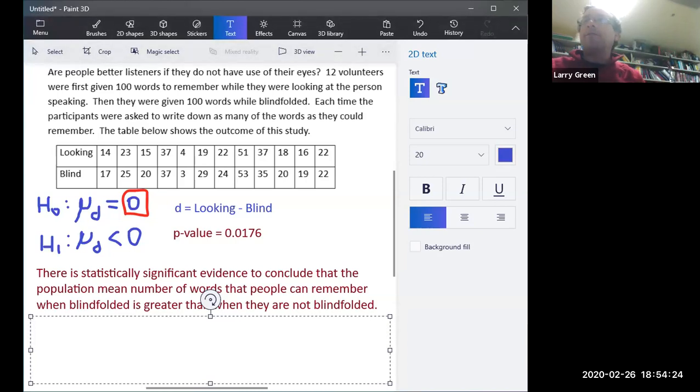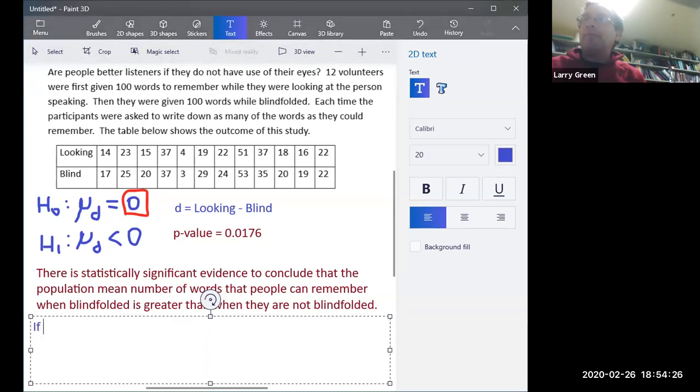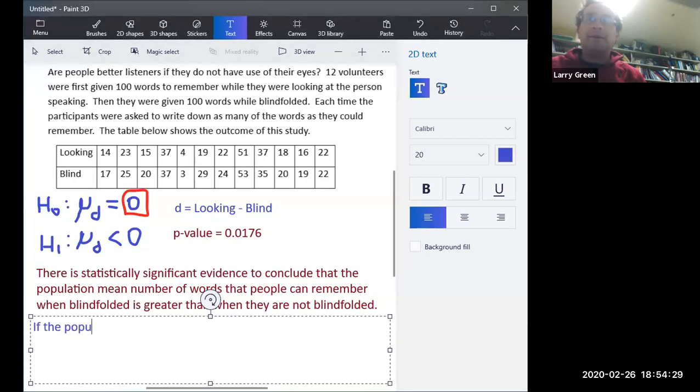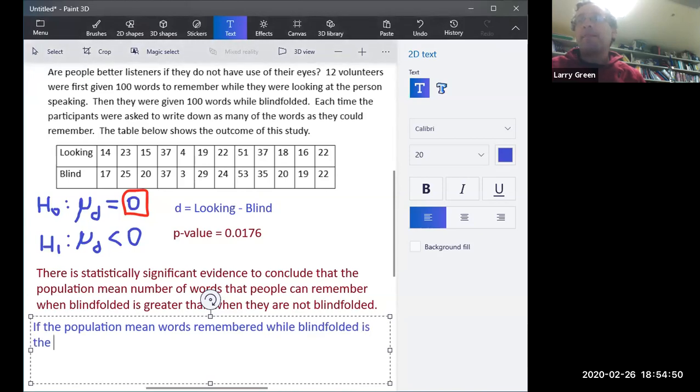So that would be if the population mean words remembered while blindfolded is the same as without the blindfold.